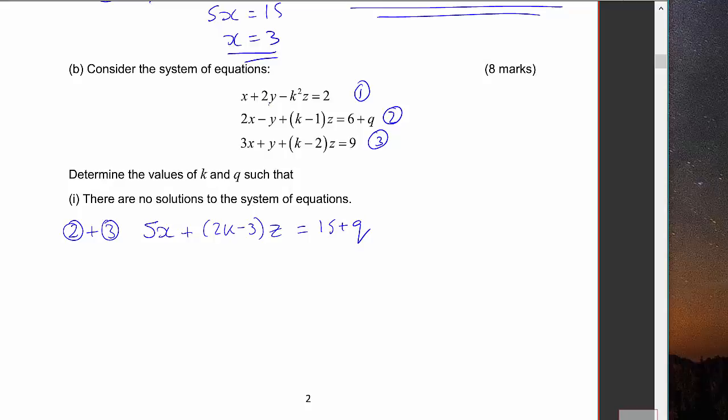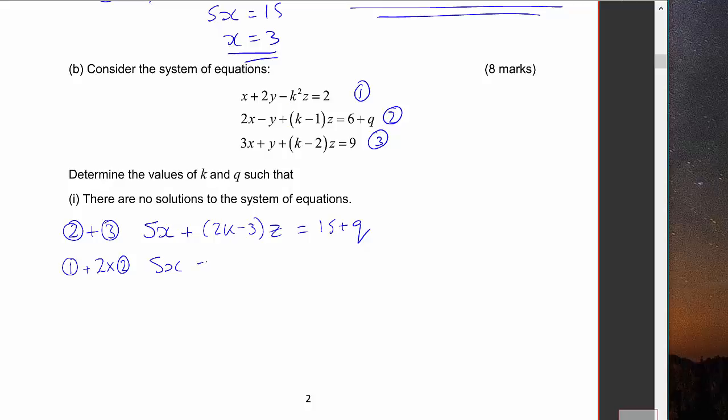And once again, if I do equation 1, add 2 lots of equation 2, that's going to get rid of y. So that's going to give me 5x's. And let's think about these z's.